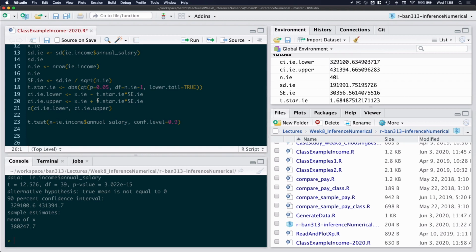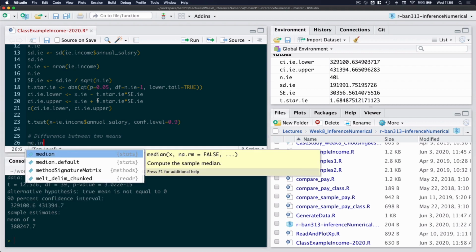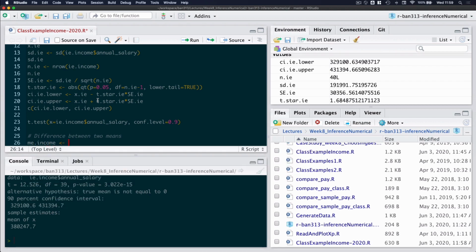So in the second demonstration, what I want to do is talk about the difference between two means. And for that, we also need to read in the mechanical engineering income.